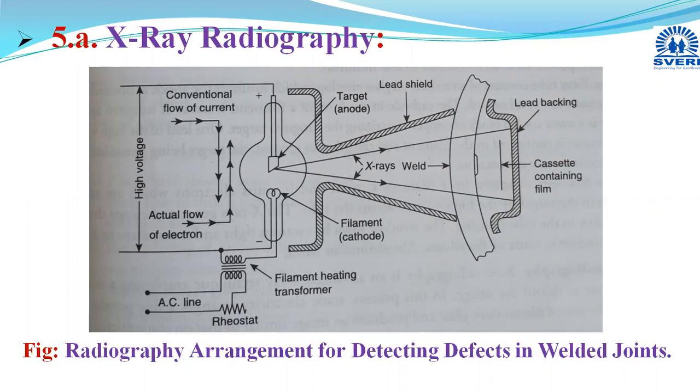What exactly happens in xeroradiography? Here we are collecting the cassette film, but one dry plate is used. On that dry plate, the image is recorded within 45 seconds or within a minute.